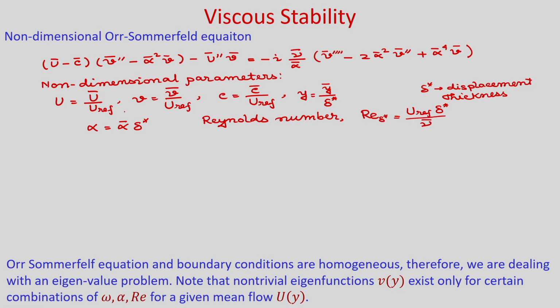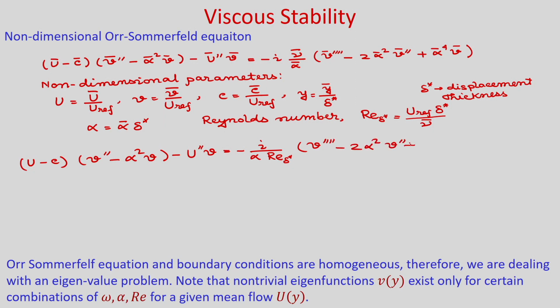Okay. So, using these non-dimensional parameters, you can convert this Orr-Sommerfeld equation in non-dimensional form as (u minus c) v double prime minus alpha square v minus u double prime v is equal to minus i over alpha Re based on delta star, times v fourth derivative minus 2 alpha square v double prime plus alpha to the power 4 v.